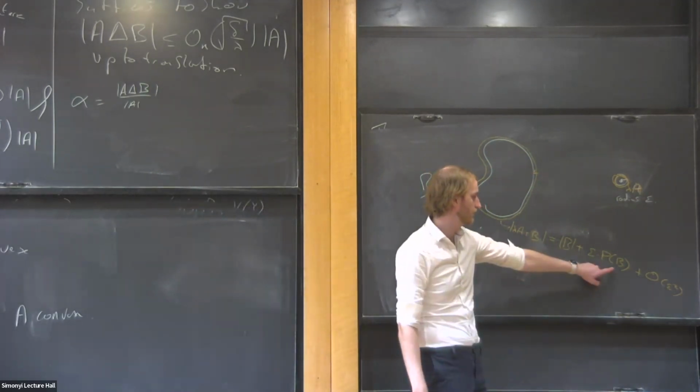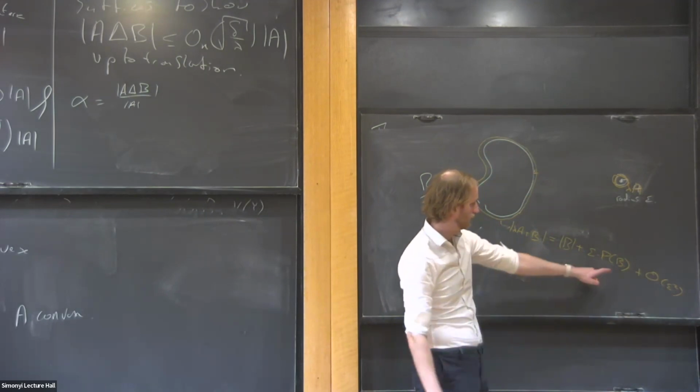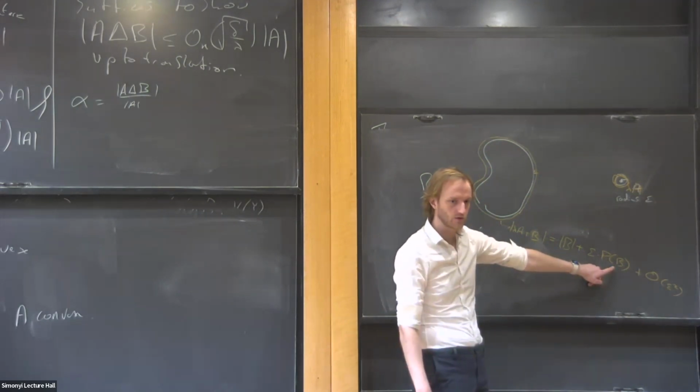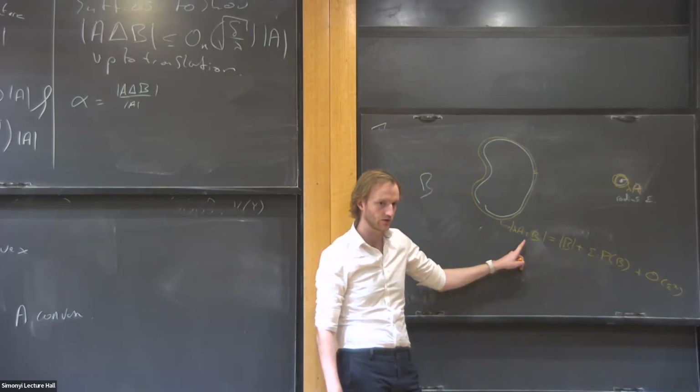So here my perimeter appears, and the question of what minimizes my perimeter becomes equivalent to what minimizes this set here.